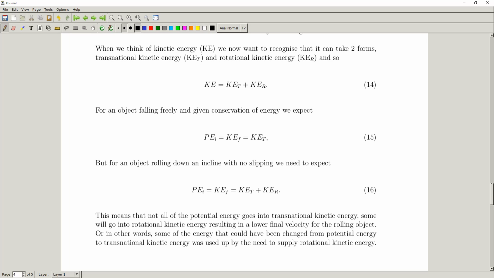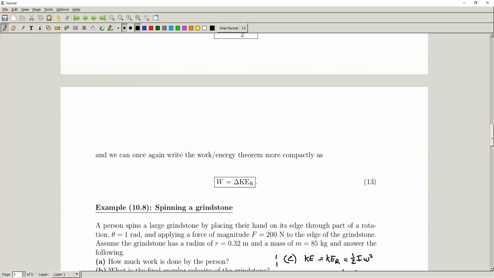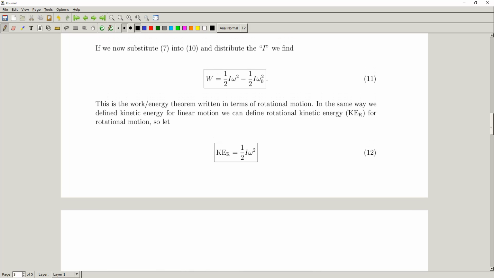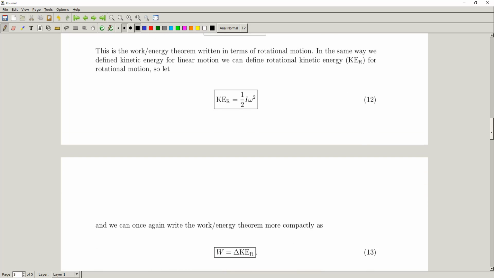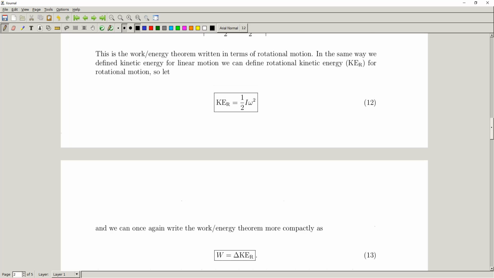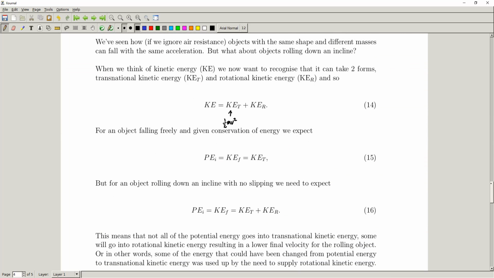So we now have two different ways of thinking about kinetic energy, right? We can think about our normal kinetic energy, 1/2 mv squared, or we talked about a new kind of kinetic energy, kinetic energy of rotation, which we can think of in terms of this equation here, 1/2 I omega squared, right?